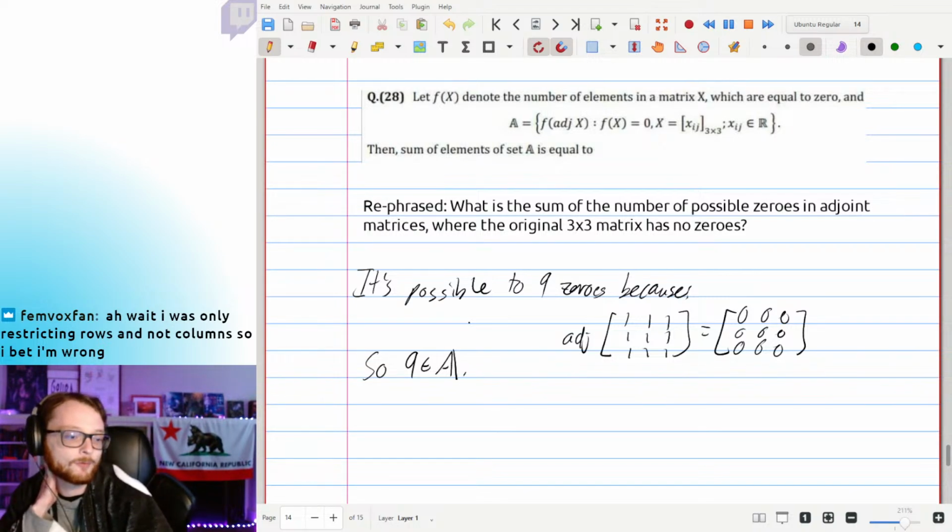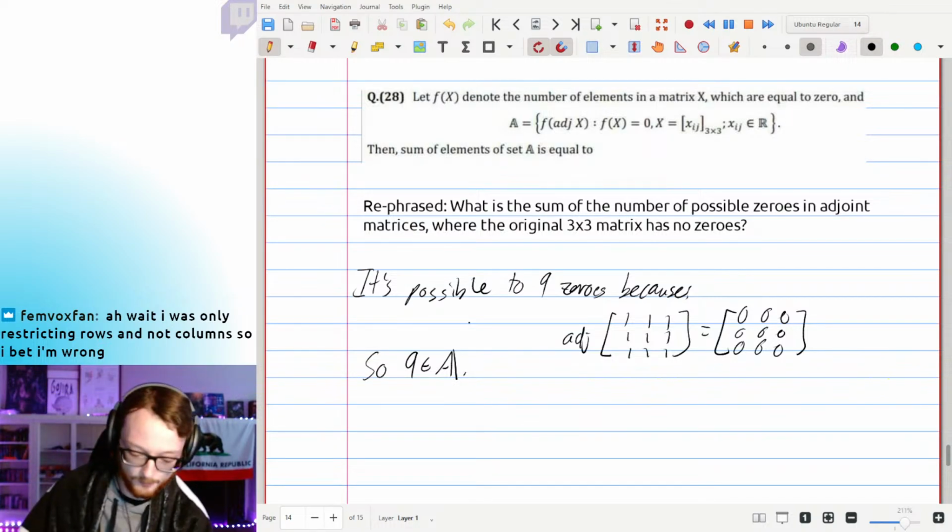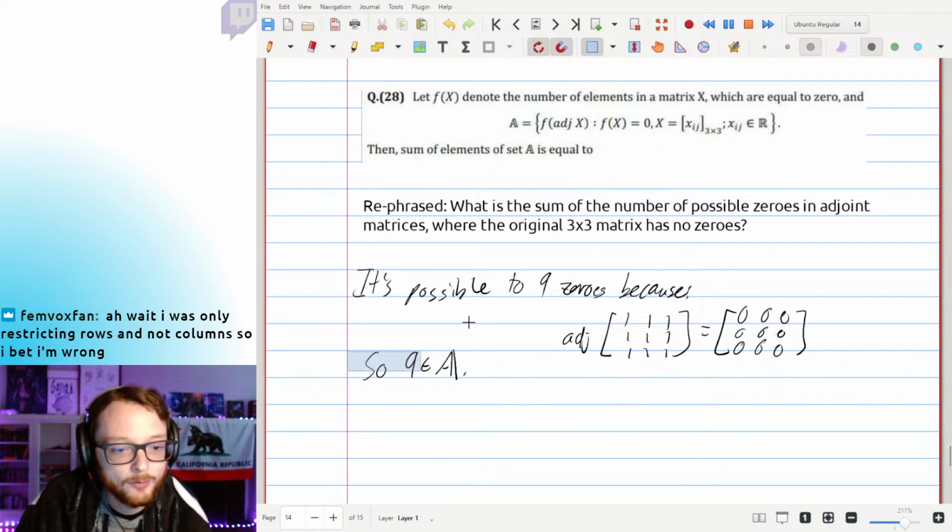I bet there's a systematic way of doing this, but my linear algebra is pretty terrible. So my best thing is to just guess, or just kind of mess around with it.